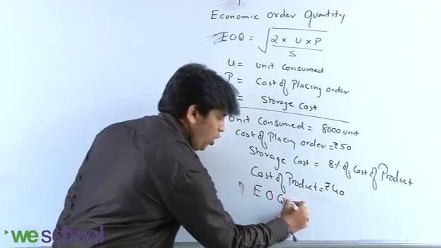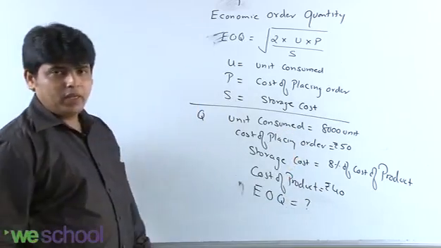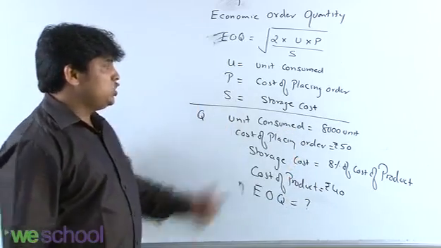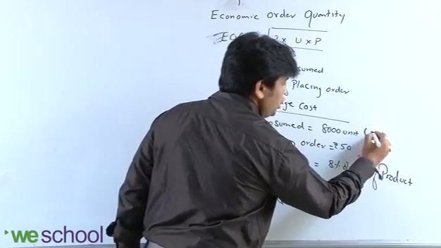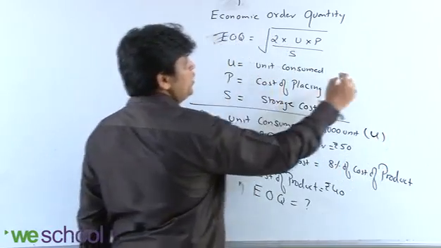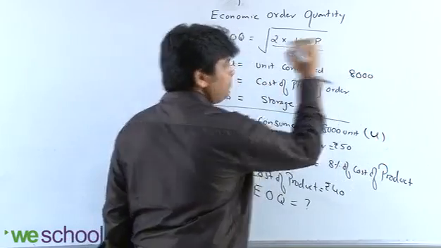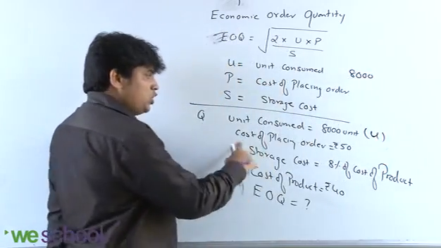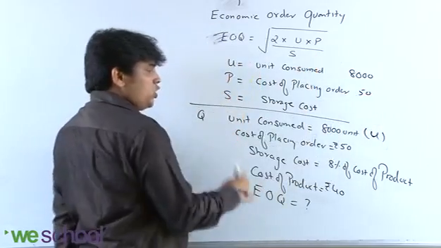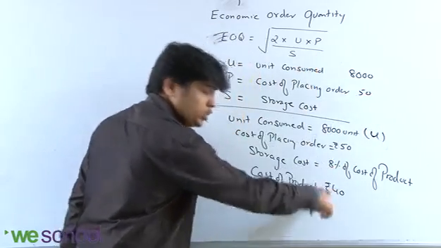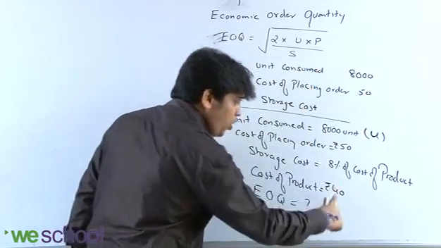EOQ, economic order quantity. Now my friends, units consumed is stated as U. This is a short form in the formula. So units consumed you have 8,000. Cost of placing order is 50. Storage cost is 8% of cost.